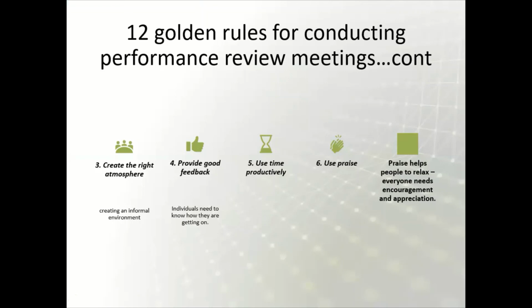As an example, if the manager and employee relationship is not there, then we have to build that relationship first, and only then can we bring the manager and the employee together for a performance review meeting. So as HR people, we should create the atmosphere for performance feedback.